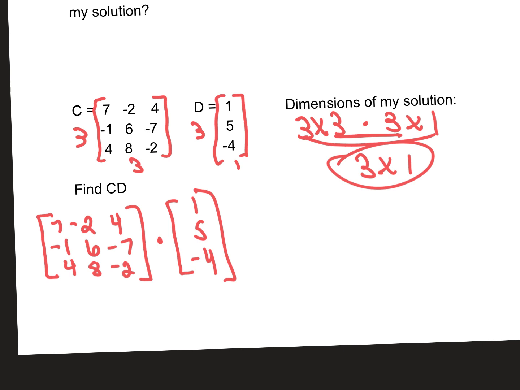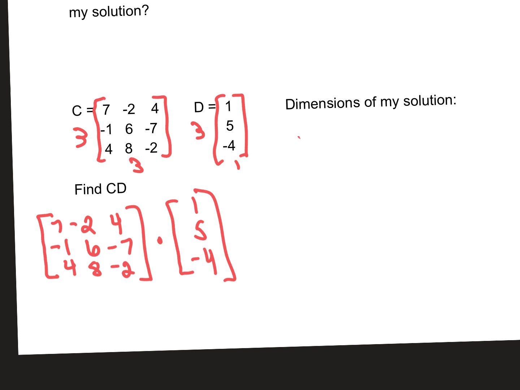Okay, so we know our solution is going to be a 3 by 1 matrix. Okay, so I'm going to give myself a little bit more space over here to show my work. So my solution is going to be a 3 by 1, and I'm going to make some space to show my work.